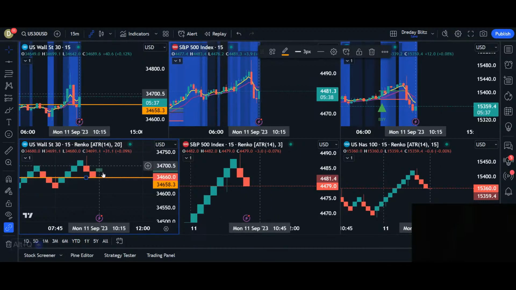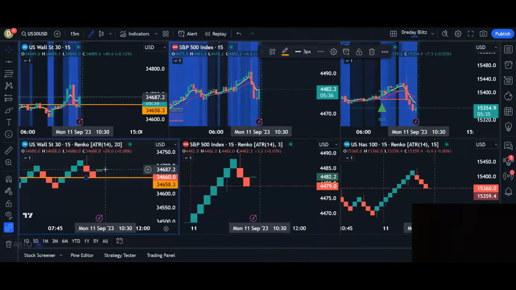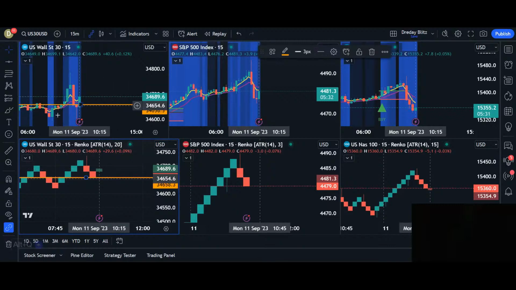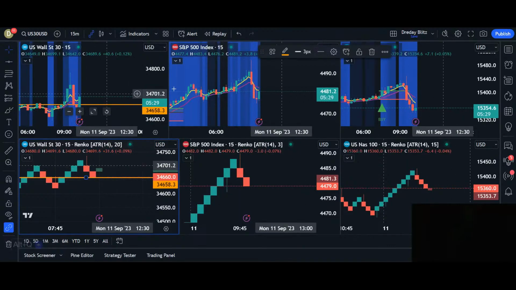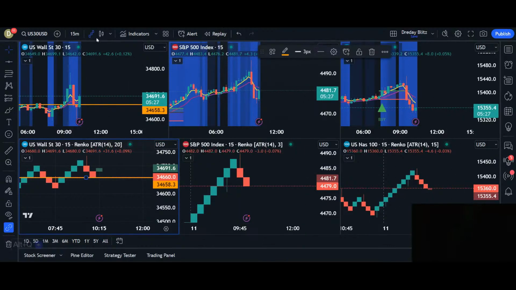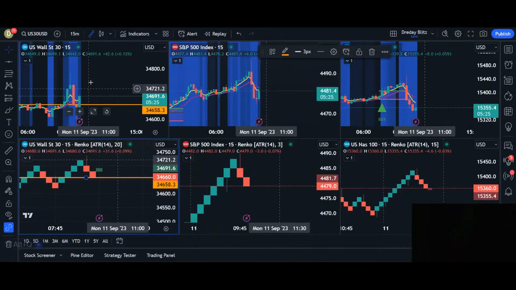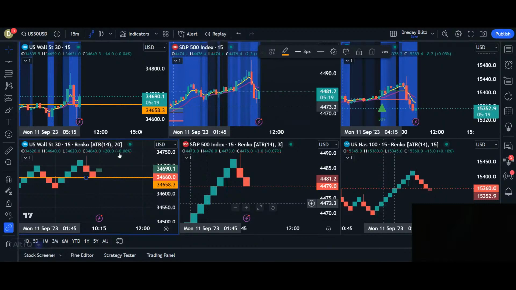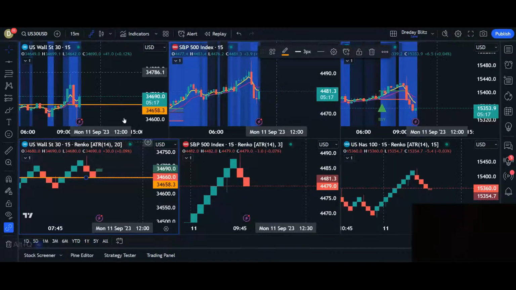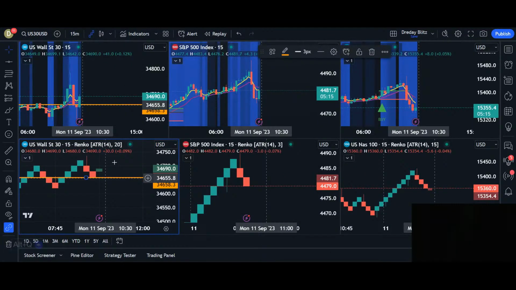If we have a Renko that is fully completed here, and we do have another buy signal, personally, I will take the signal here, put my stop loss right there, and let it run until the next reversal.